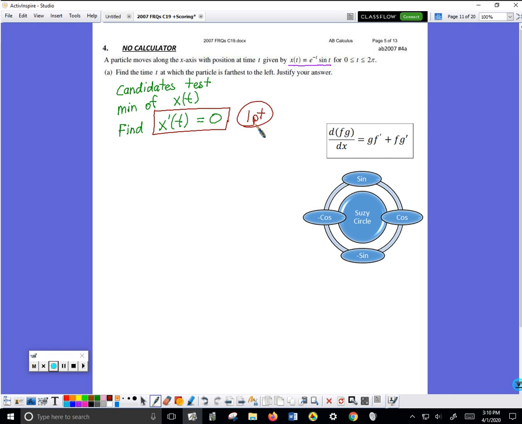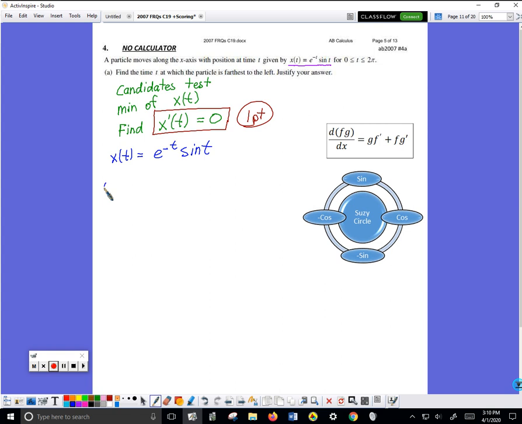So now I have to go find x prime. I start up here with x of t equal to e to the negative t multiplied by the sine of t. So I have to use the product rule and Susie's circle.